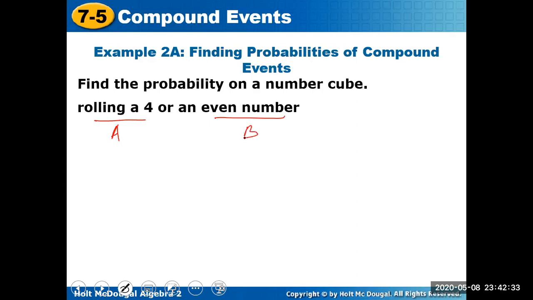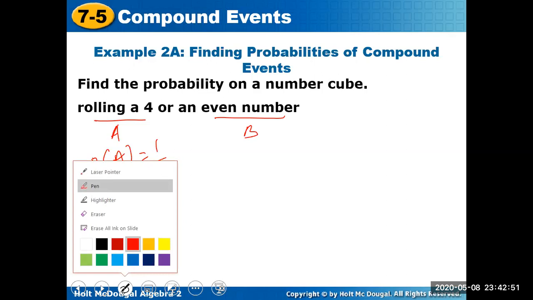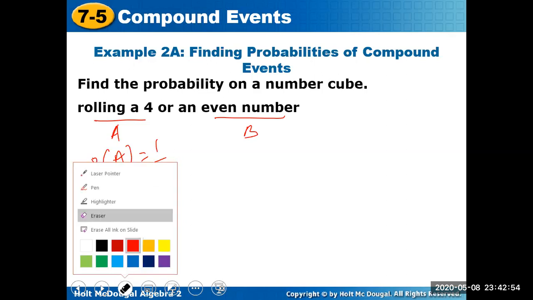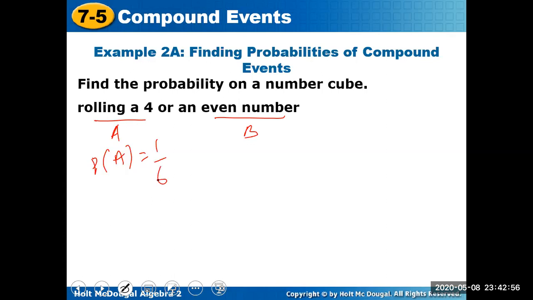Okay. So rolling a 4, what's the probability of that? Probability of A would be 1 out of 6 cases. And rolling an even number, there are 3 even numbers out of 6.